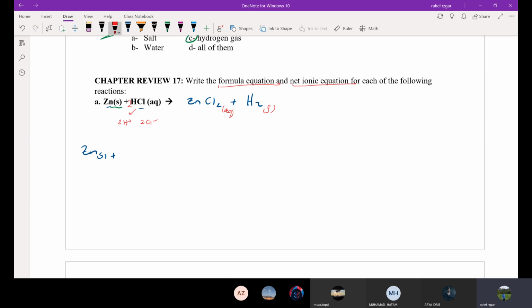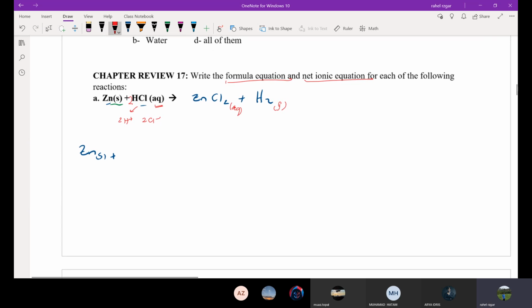But you know that H+ will not stay alone in aqueous solution. It has to react with H2O. So 2 H2O is needed. If you add 2 H2O to this side, you also have to add 2 H2O to the other side.